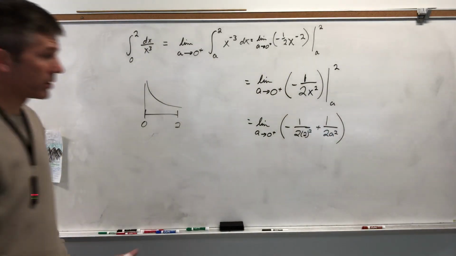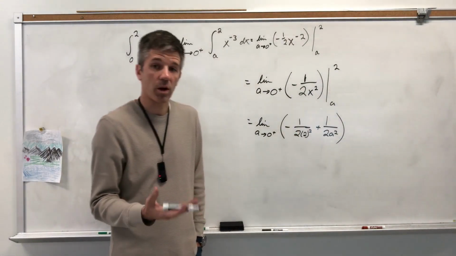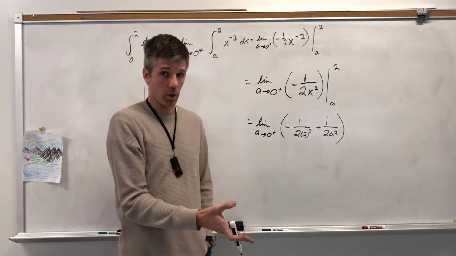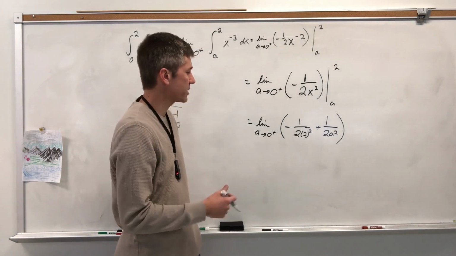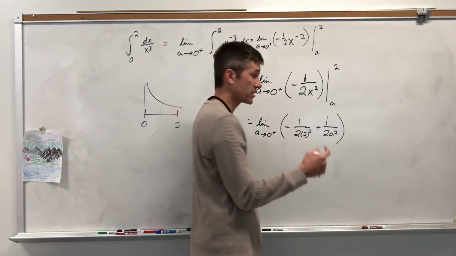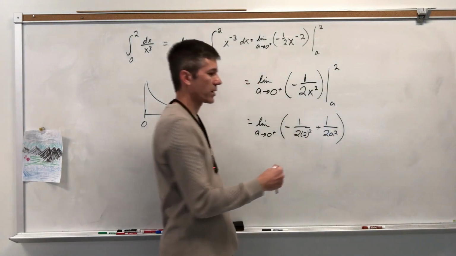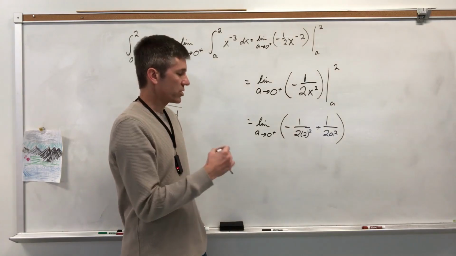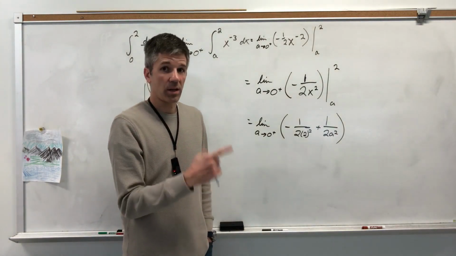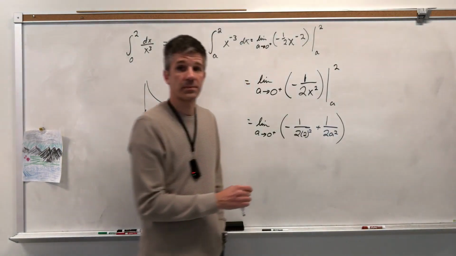So here's what we're dealing with. Again, negative 1/8. And now we have this situation where we are approaching 0 from the right, so we have positive numbers. If you plug in smaller and smaller positive numbers, approaching 0 from the right, for a, you're going to have a fraction that's going to get larger and larger. So you're basically going to have negative 1/8 plus infinity.